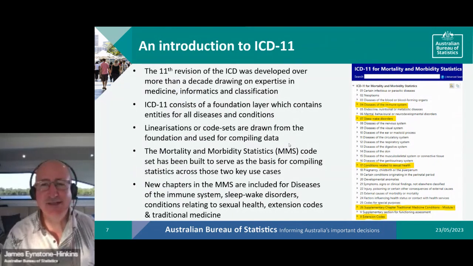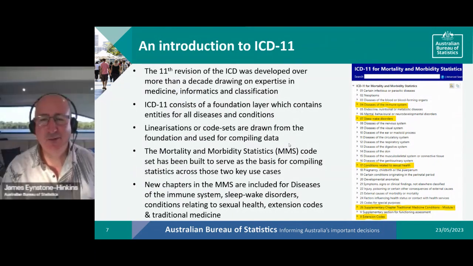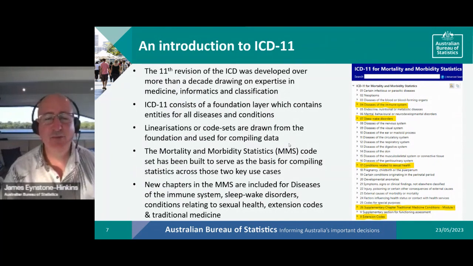So yes, ICD-11 is a very long-standing project that the WHO have run. It has taken more than a decade to develop, and I imagine that some people may have even been involved in the topic advisory groups, which contributed to the changes across the ICD that will come in 11.